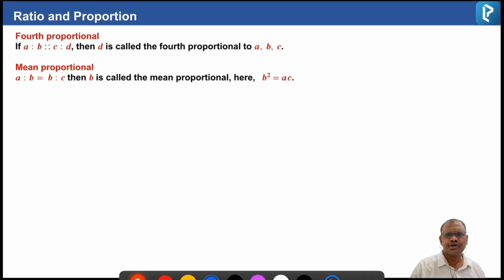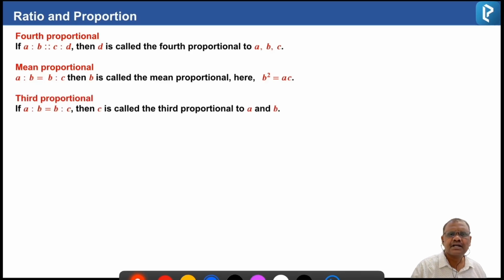If you apply the rule of proportion, product of means is equal to product of extremes, we get B square is equal to AC. In this proportion, when three terms are in proportion, the last one C is called the third proportional to A and B.